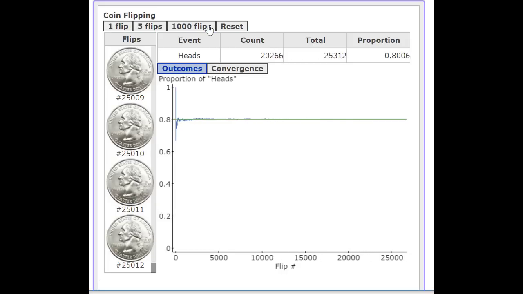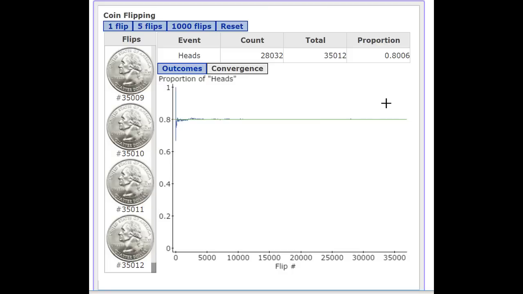In this case, the real probability of this coin is 80%, and after 3,532 or so tosses, I'm really close to 80%. I'm ready to be very confident that this is a very good approximation to the real probability of getting a heads in this coin toss.